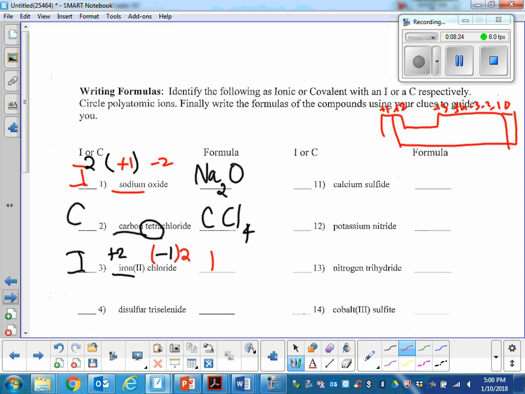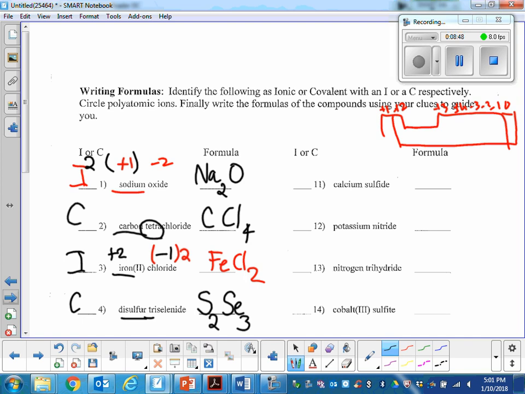So the formula is going to be FeCl2. If I look at the next one, it starts with sulfur, which is a nonmetal, making this compound covalent. So all I care about is that sulfur is S2, selenium is Se, and that's a 3, and I just put the 3 underneath selenium.